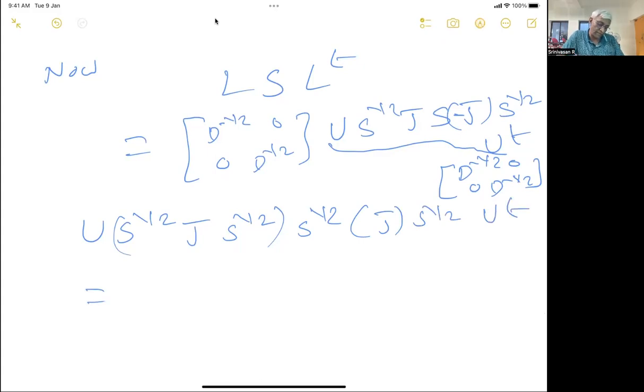This is equal to our A square, right? U A square u transpose, right?